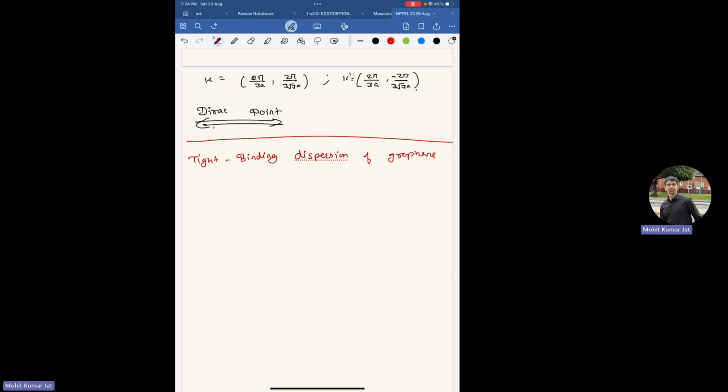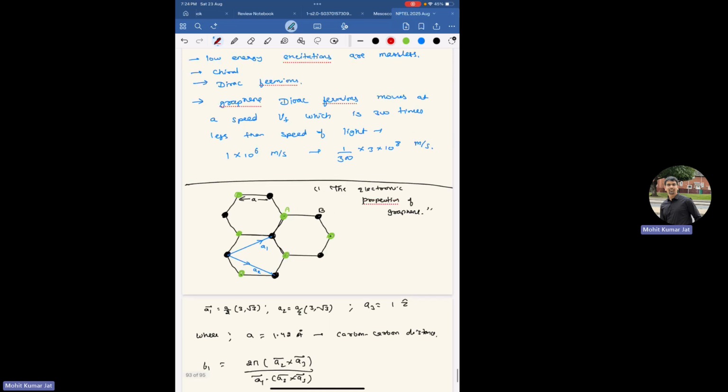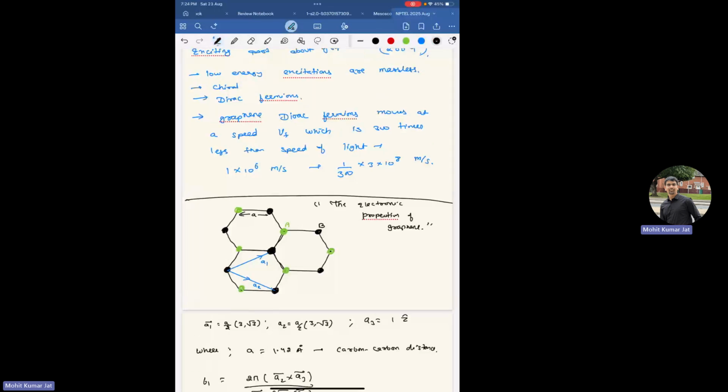So you have seen in the tight binding model that first is atom to atom, that gives you the atomic energy. But then if you have to see the band dispersion in form of the wave vectors k, then in that case you have to account for the nearest neighbor hopping energy, then next to next nearest hopping energy, all those things. So in the case of the graphene, in this lattice, you can define the nearest neighbor, right? For example, in reference to the central atom B, this atom B here, you can define your nearest neighbors.